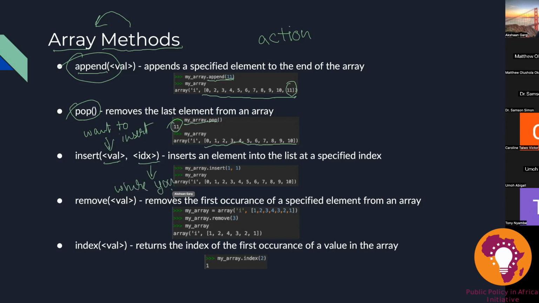The example we are looking at over here is 1 comma 1. So the value is 1. We are inserting 1 at the position 1. So position 1 would be 0 first and then 1.